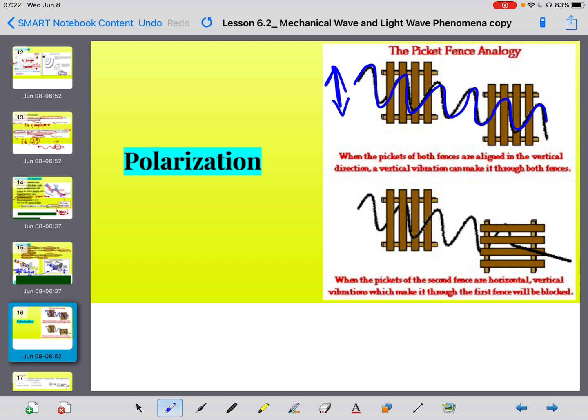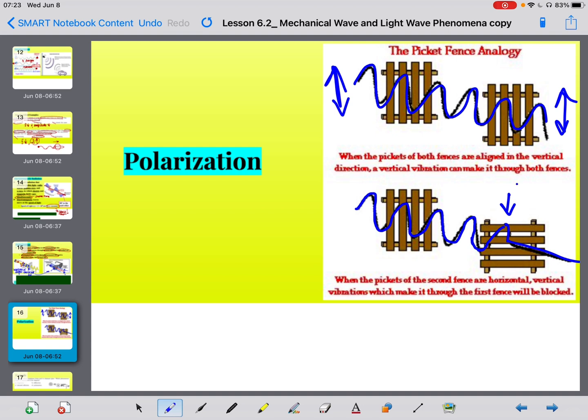And vertical means this direction. So it allows vertical light to pass through. However, if I were to change the orientation, so this is a vertical slit, but then I have a horizontal one, it doesn't let me pass anymore. I can't get through, right? I'm not going to have any more waves come through anymore.